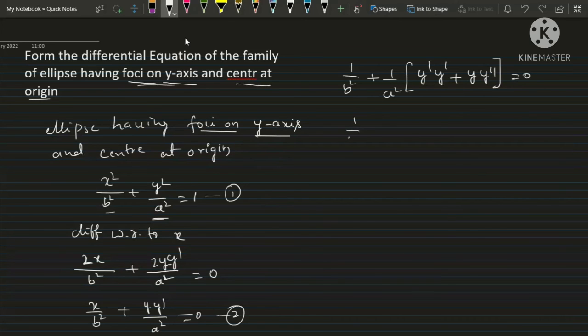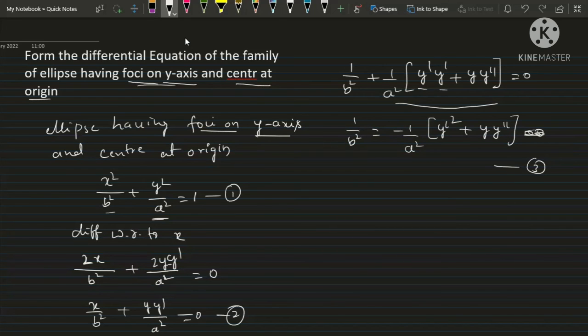Now 1 by b square keep as it is. I will send this term into RHS, that becomes minus 1 by a square, y dash whole square plus y into y double dash. Okay. Now this is equation 3.